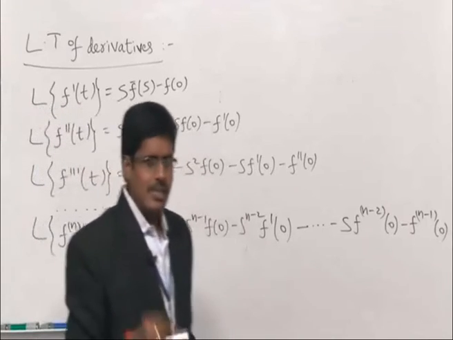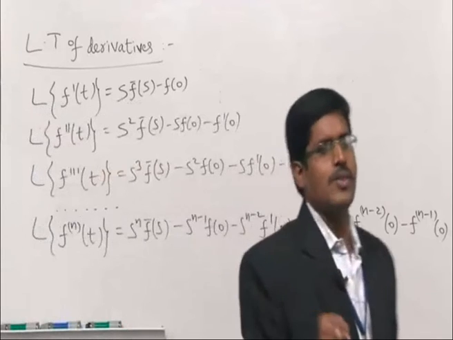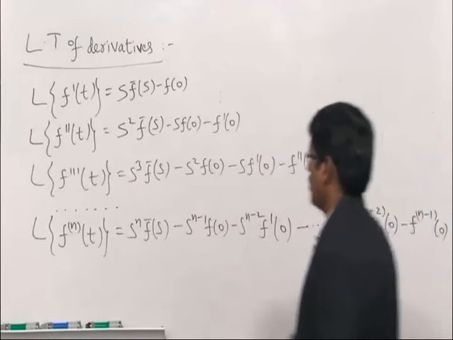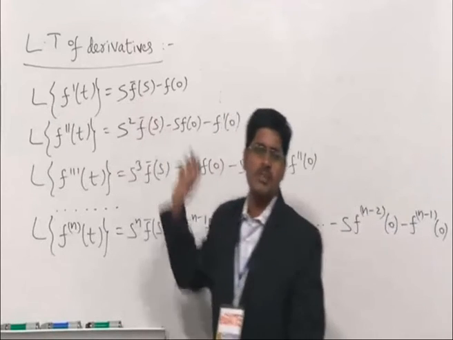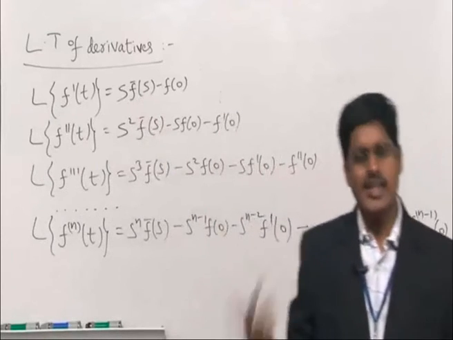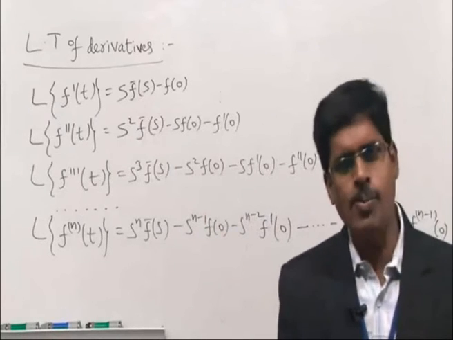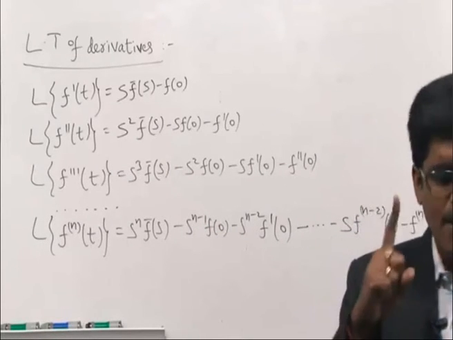Each term is multiplied respectively by f bar s, then f of 0, then f dash 0, then f double dash 0, so the derivatives are increasing by 1.